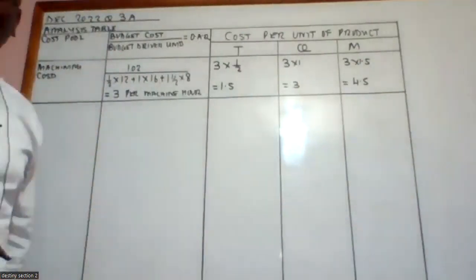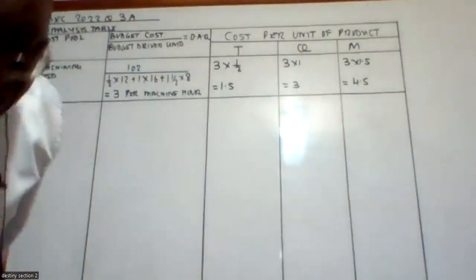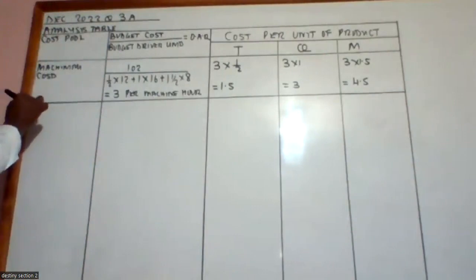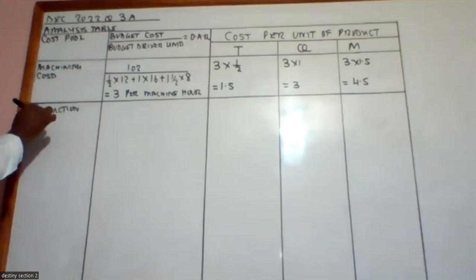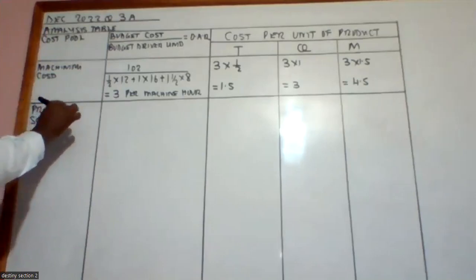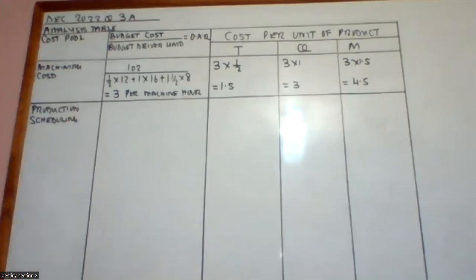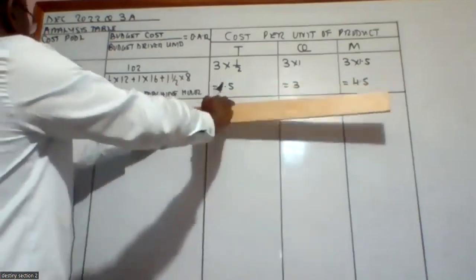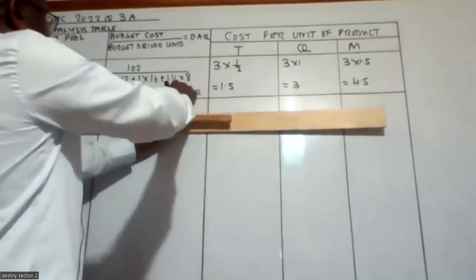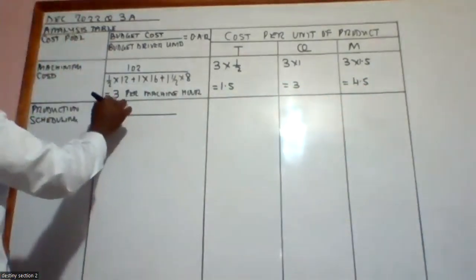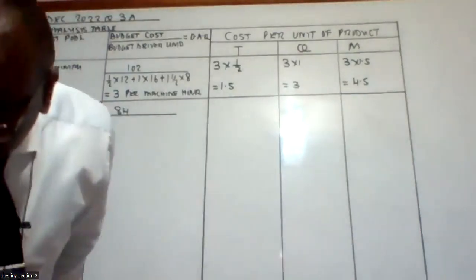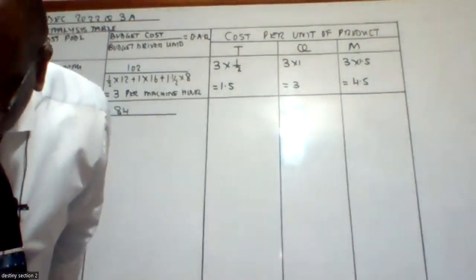Let's go to the next cost pool, which is production scheduling. Now, in production scheduling, the cost that we are supposed to divide is 84, and it is being driven by the number of production runs.